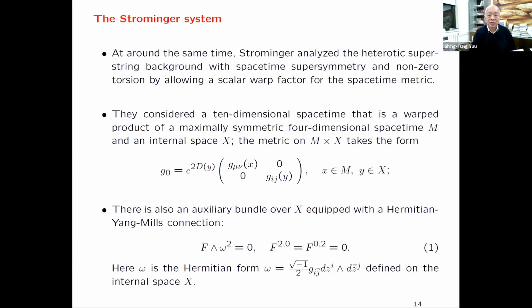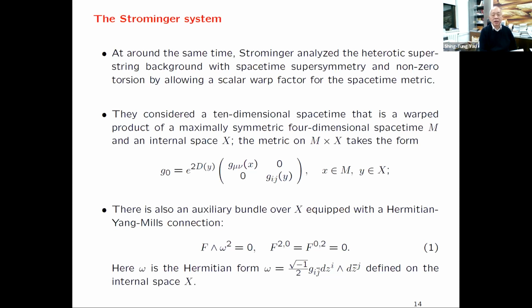So this gives rise to a torsion on G_ij. Previously, there was no torsion, which gives rise to a Kähler geometry. Here, because of the existence of non-trivial dy, this gives rise to a torsion geometry. And because we are dealing with heterotic string, there's a bundle also over X, the internal space, which is equipped with a Hermitian-Yang-Mills connection.